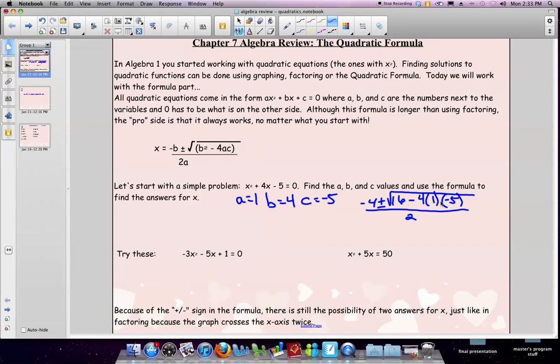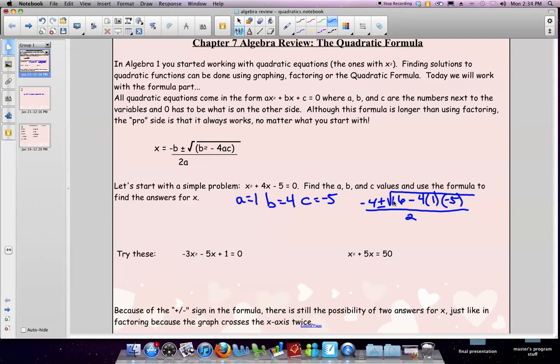I can use my calculator to simplify this. I can put the entire thing in my calculator by simply hitting the square root button and then putting parentheses around the pieces that I need to. Usually when you hit the square root button on your calculator, one set of parentheses will already appear automatically. So I put in the square root, and then I push 16 minus 4 times, and I can put in times 1 if I want to, but we all know times 1 doesn't do anything, times negative 5.